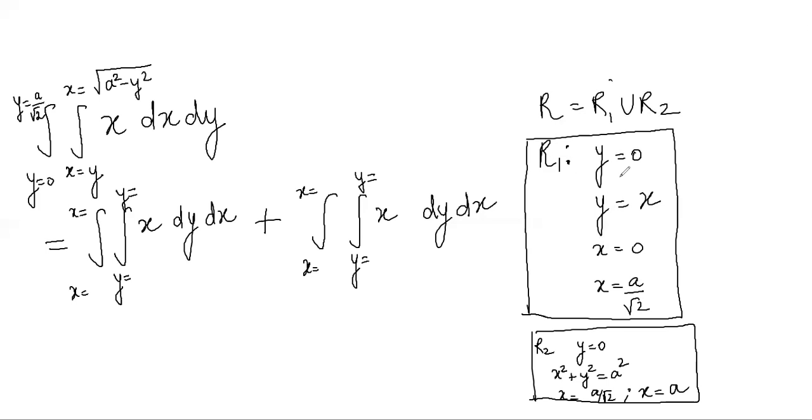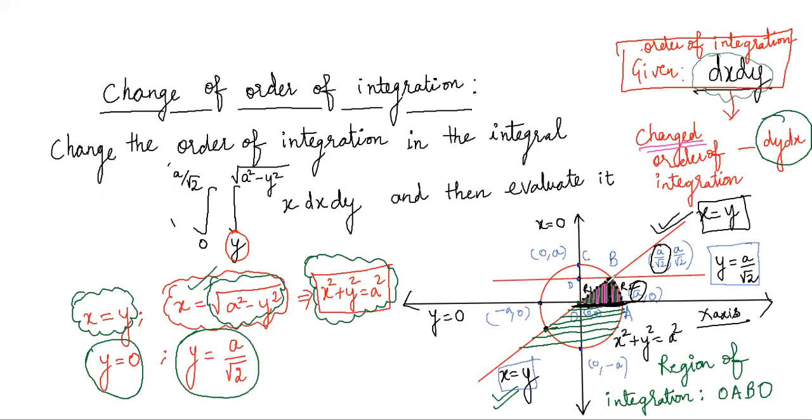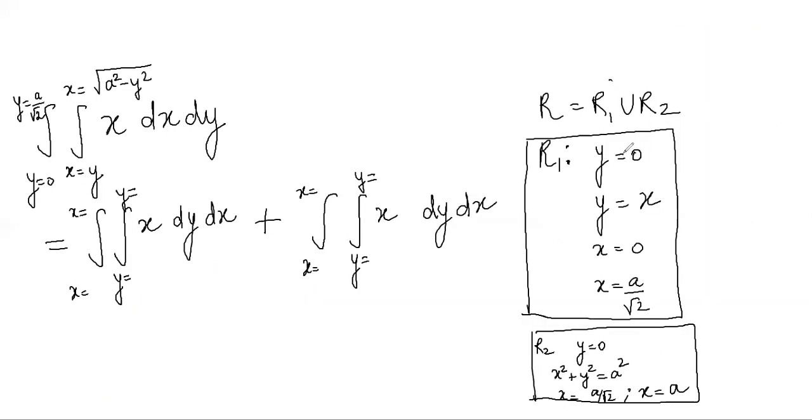So for R1, let us see these four equations which we have obtained by considering the starting and ending curve, by considering the strips parallel to y-axis, by considering the first and the last strip in this region. So firstly, we have y equal to 0. So this will give us the lower limit, y is 0.